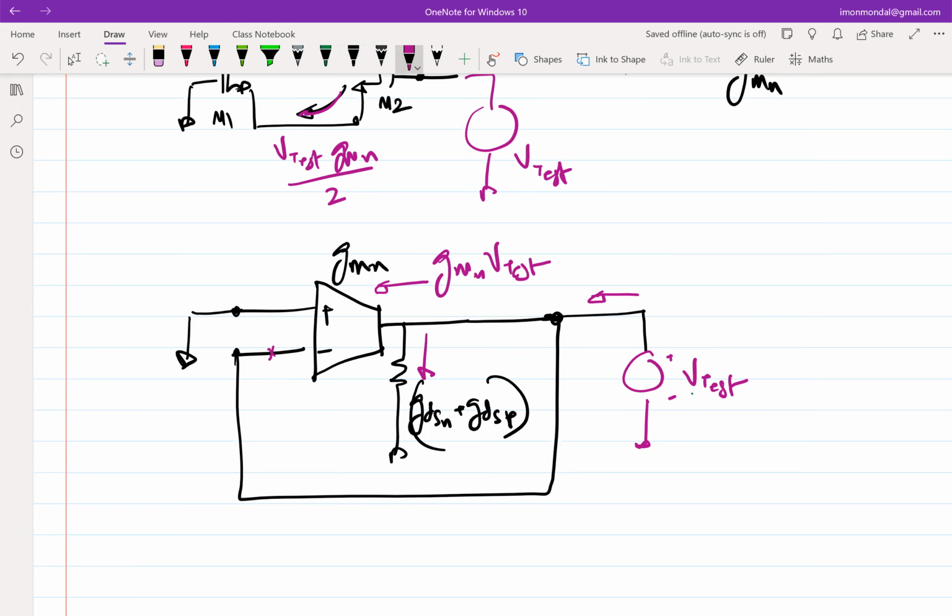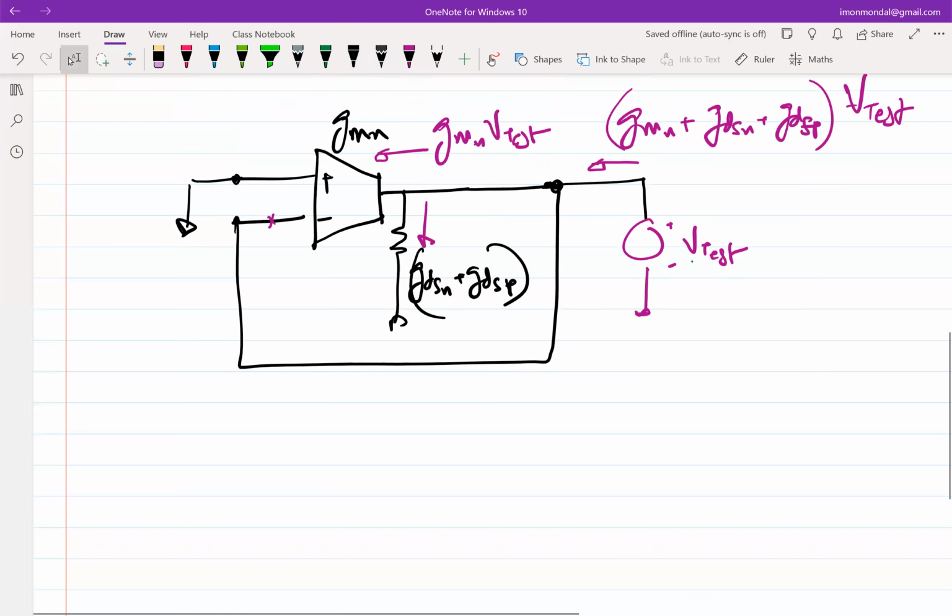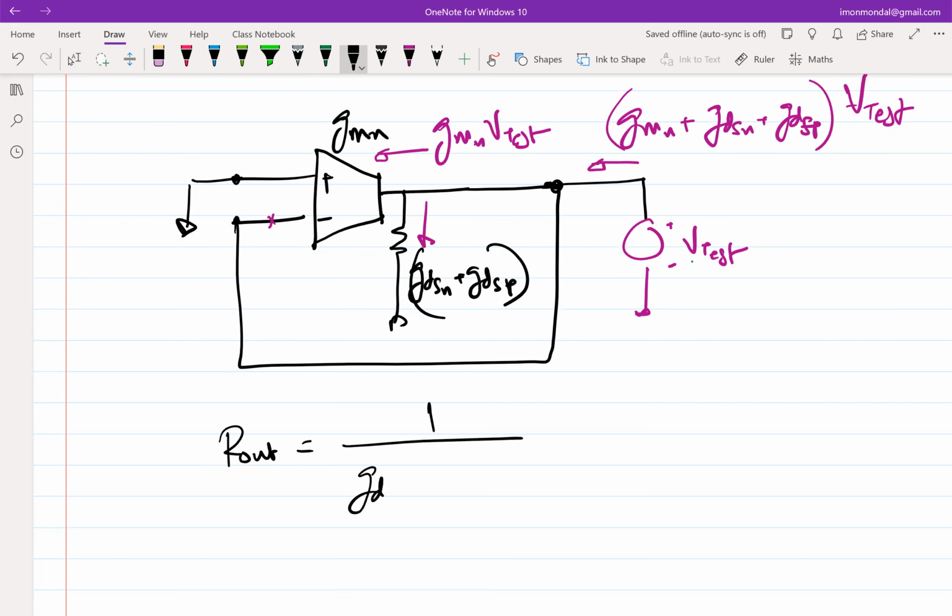So the total current that you are drawing in is GMN plus GDSN plus GDSP times V test. So essentially your R out is 1 by GDSN plus GDSP plus GMN, so approximately 1 over GMN. Okay, fine.